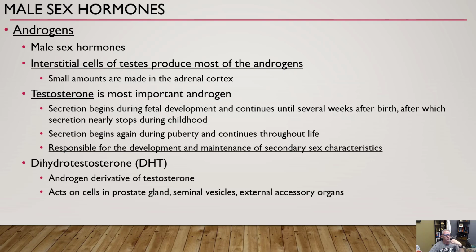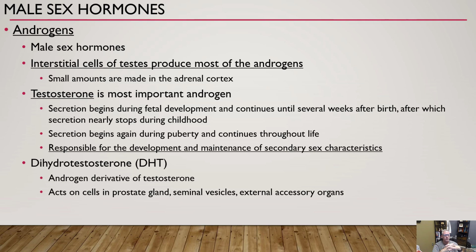It's going to start in fetal development, continue during birth, but it's going to stop during childhood. But you're going to see testosterone kick back up during puberty, and it's going to continue through life. Testosterone is what's responsible for development and maintenance of all of your secondary sex characteristics.